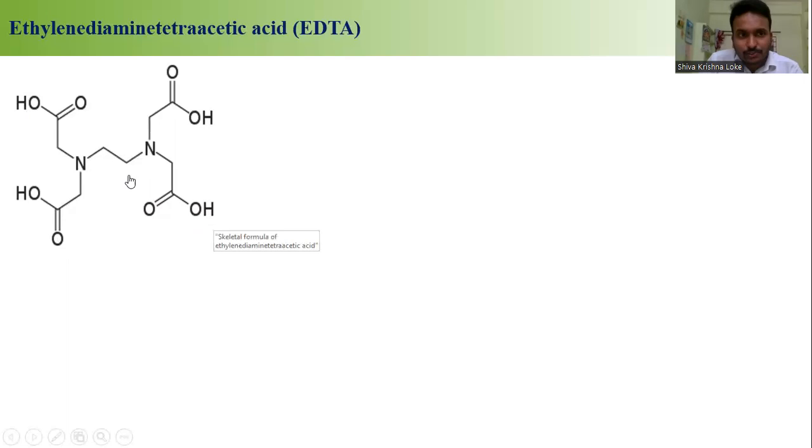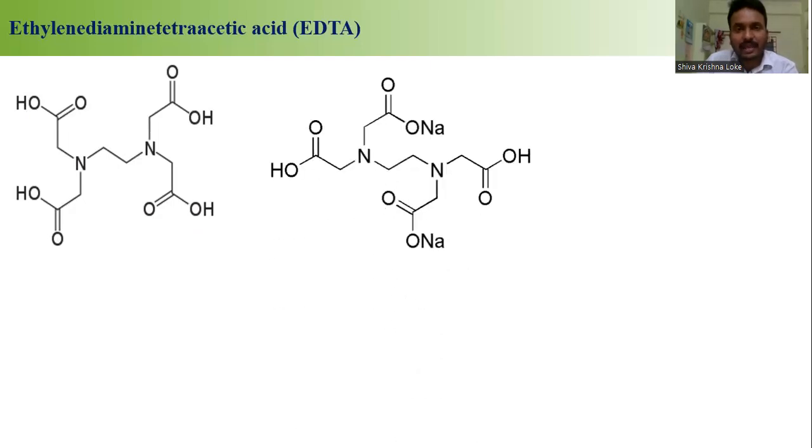So I'll replace these two hydrogens with sodium atoms. This structure will become the disodium salt of EDTA. So when we convert this EDTA to the disodium salt of EDTA, the solubility of the EDTA molecule will increase.